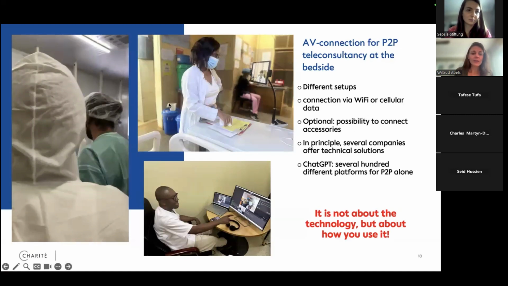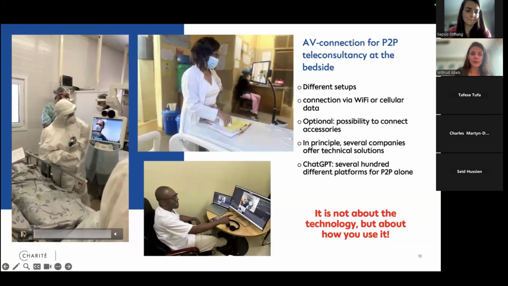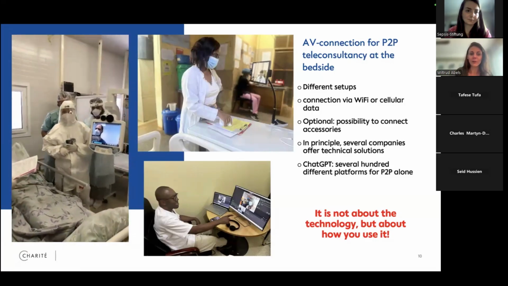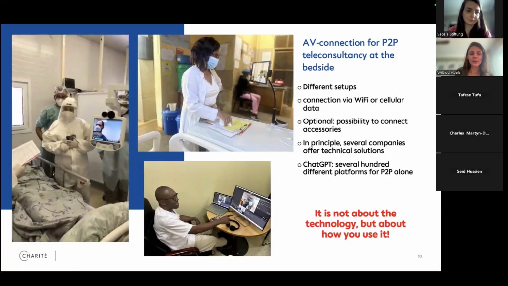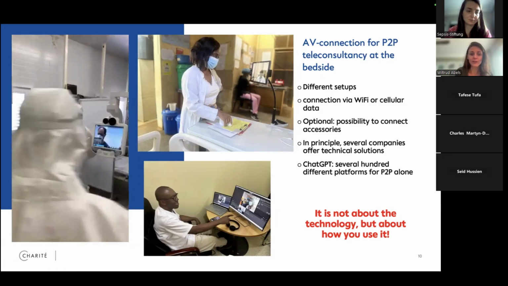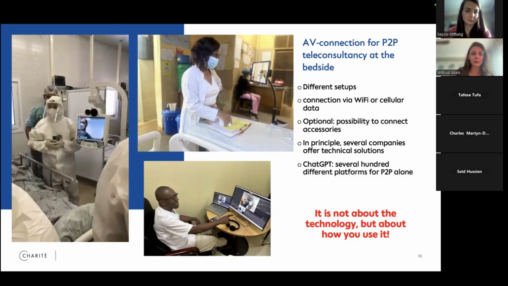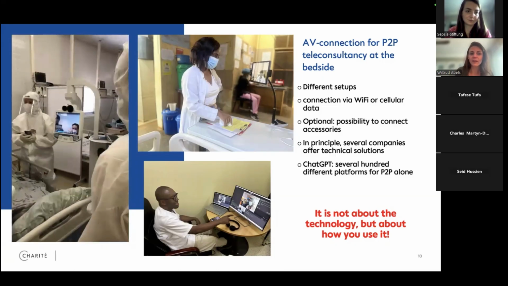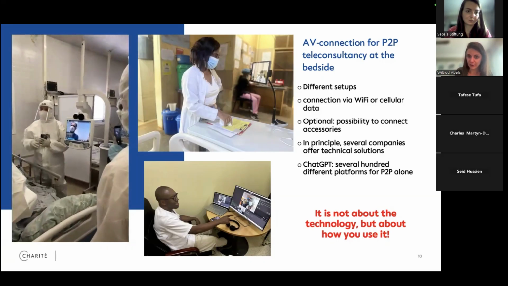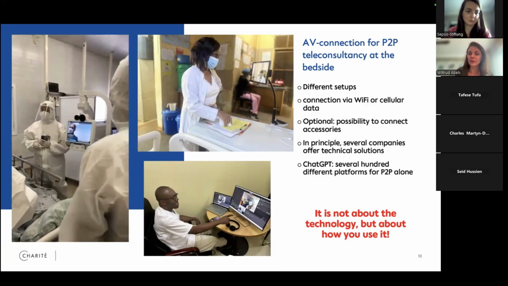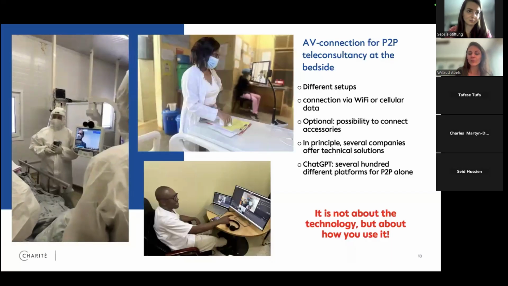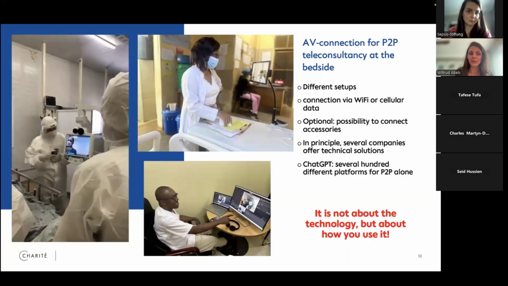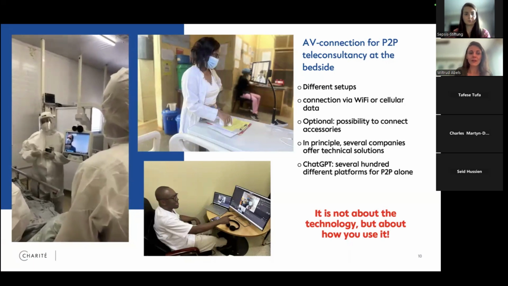But in some of these setups, especially on the left side, if you see, that's a very big machine that has a lot of possibilities to also connect accessories, for example, stethoscopes or sonography, to it. That obviously comes with a little bit of a higher cost, but these things are possible, if you think that it is worth having these things in the exchanges that you are planning.